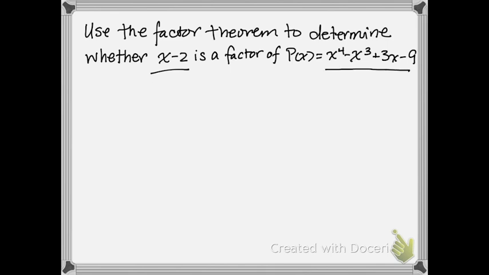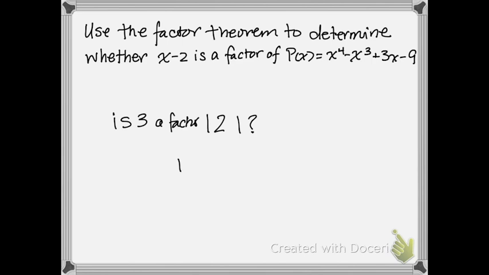Now, what does it mean to be a factor? For instance, if I had 121 and I said, is 3 a factor of 121? Well, how would I find that out? I would divide 121 by 3 and see if there's a remainder.